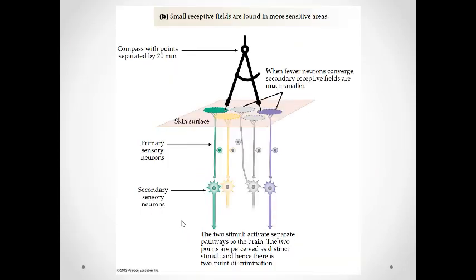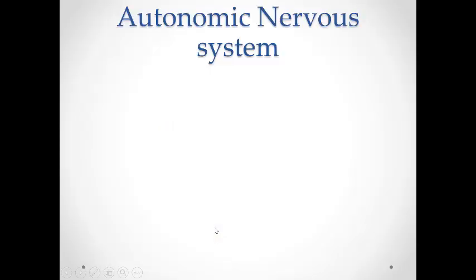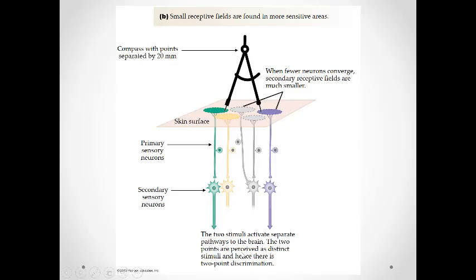because there's only a single neuron that runs up. Now, if I have that same compass and I touch a different part of my body, such as the palm of my hand or the sole of my foot, I have very, very small receptive fields there. And so if I put two compass points down, each primary neuron is going to synapse onto its own secondary neuron, and that then results in my central nervous system recognizing that there are two distinct points.